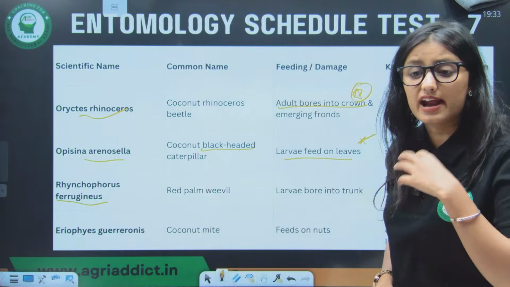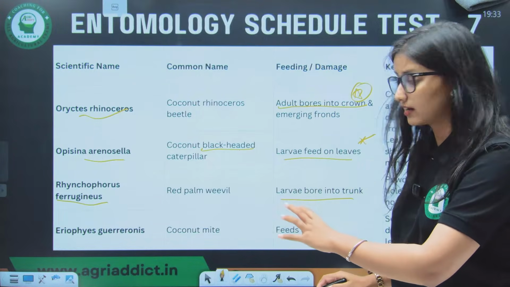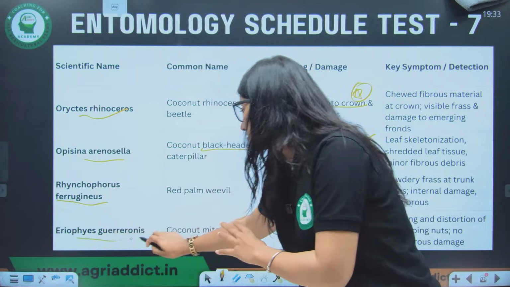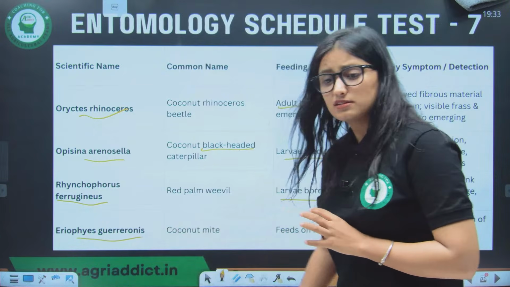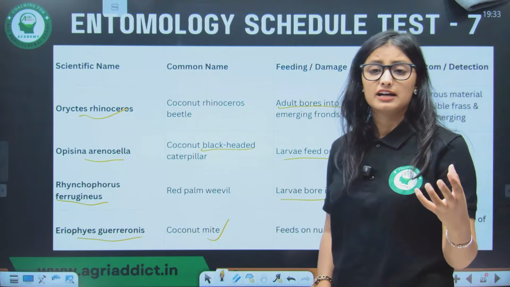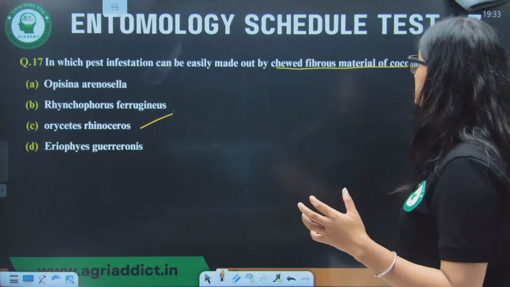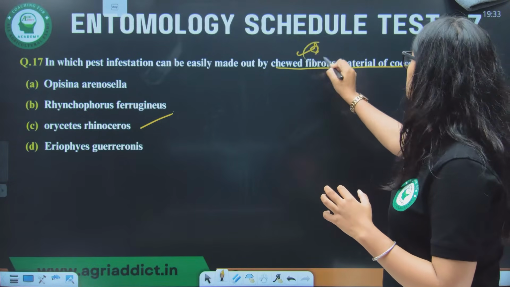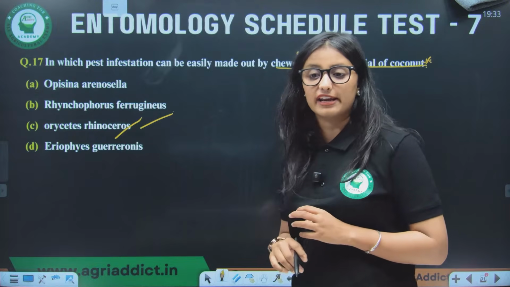This is the red palm weevil, so its larva bores into the trunk. What about Aceria guerreronis? It is the coconut mite and it feeds on the nuts. Okay. So, the answer for who made this chewed fibrous material in coconut is Oryctes rhinoceros. Very good.